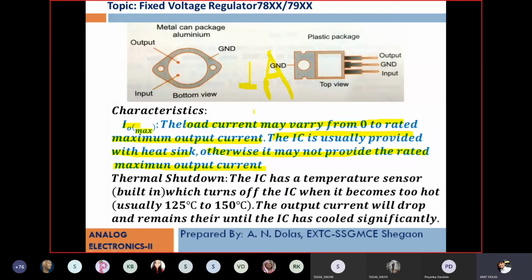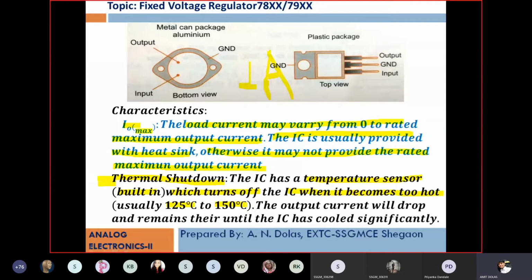If you need more than 1 ampere current, a bypass transistor is required to provide additional load current to the load. Now, this concept is also explained in preceding PPTs. Then the last characteristic, 4 characteristics are there, is thermal shutdown. The IC has a built-in temperature sensor inside, which turns off the IC when it becomes too hot, usually between 125 degrees centigrade to 150 degrees centigrade.